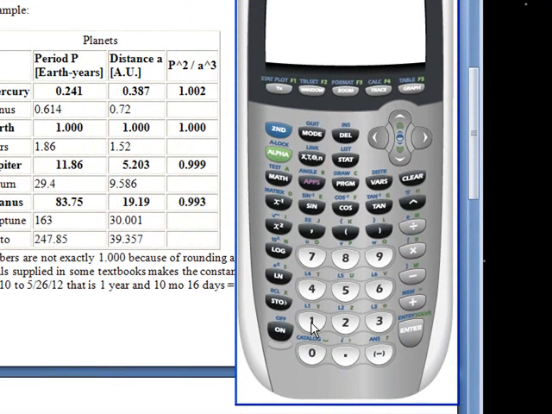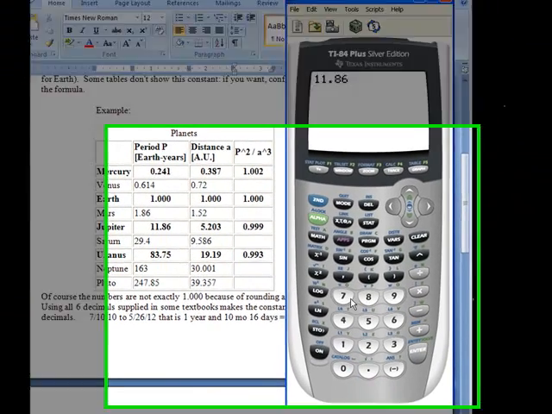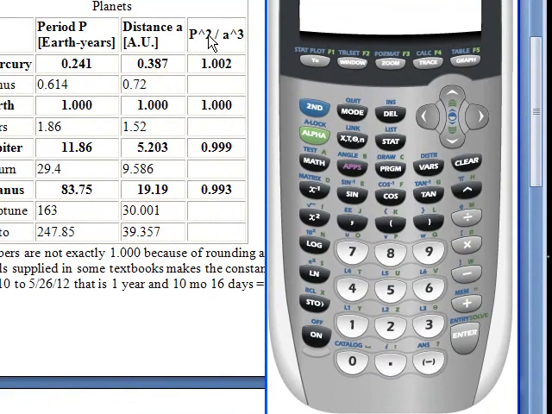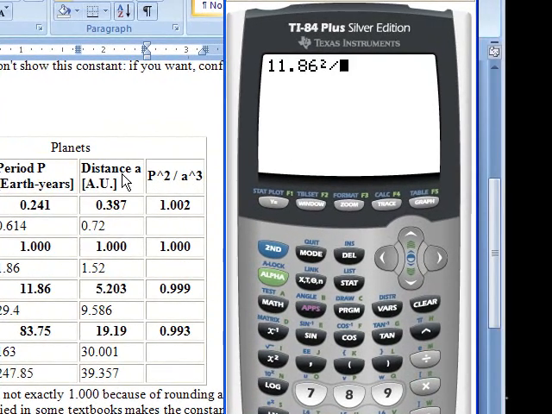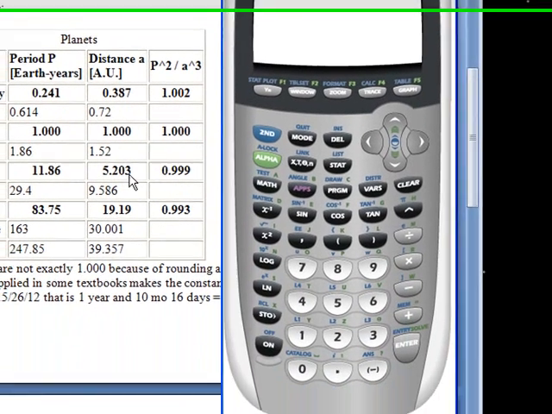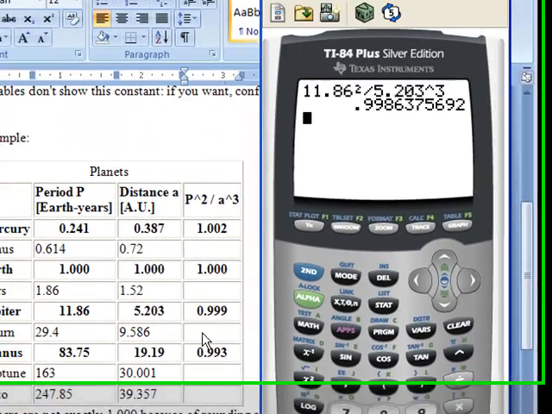So Jupiter would be 11.86 squared. That's what it says here, p squared. So here's the period p, 11.86 squared. Divide by a cubed, so the distance a, 5.203 cubed, and I hit enter and I come up with 0.99, rounded 0.999.